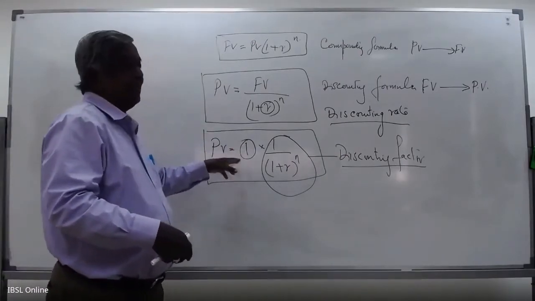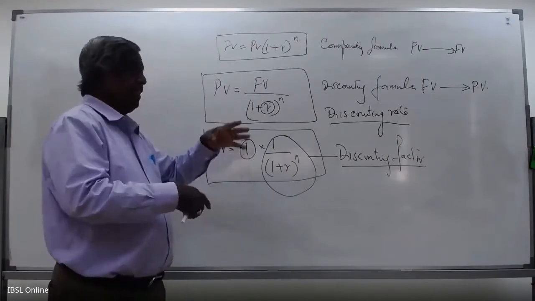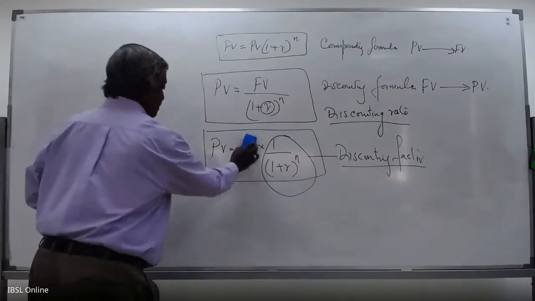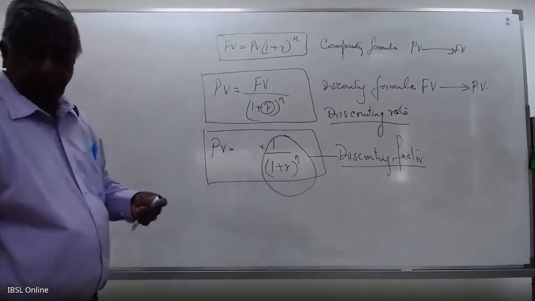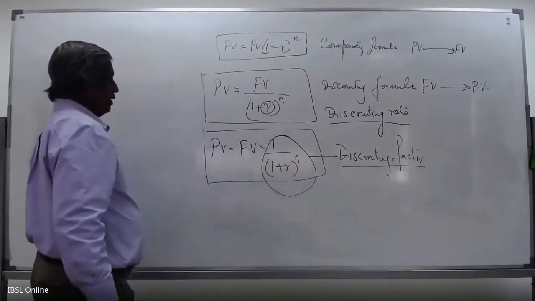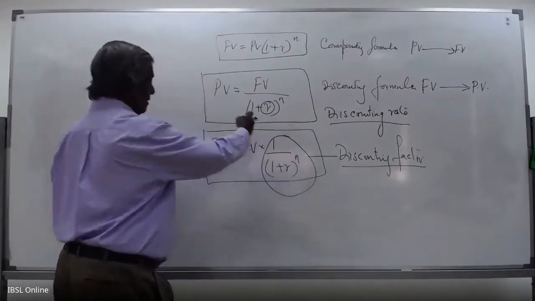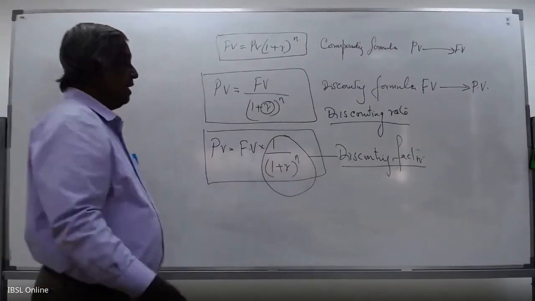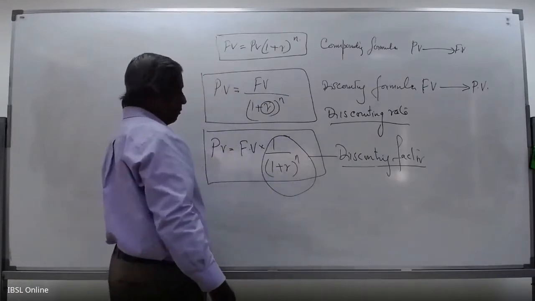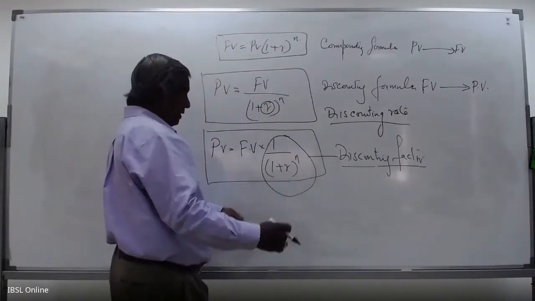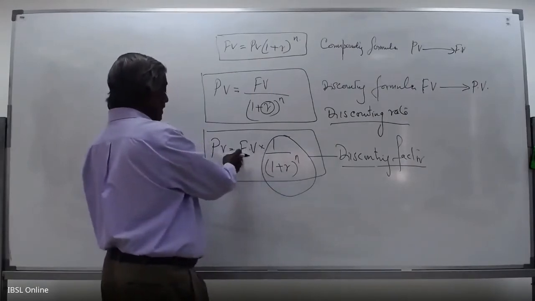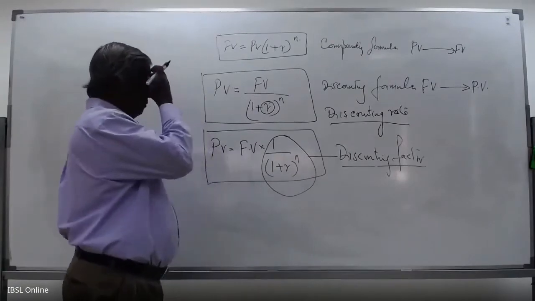You can multiply the FV and you will get the PV for that value. So this is the discounting factor. From the discounting table, you can see what is the discounting factor, multiply the future value, and you will get the present value.